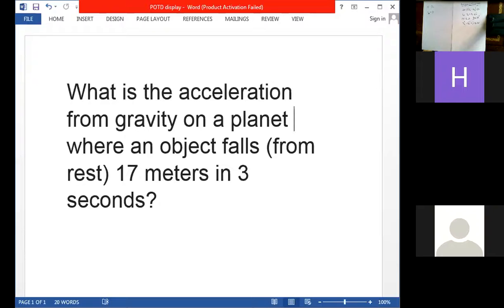And then we do have 17 meters in there. What quantity is the 17 meters? Displacement, right? That's how far it falls. I'm going to give that a delta y because we're talking about vertical displacement. And I usually forget until later, but since we're falling downwards, from a higher point to a lower point, what should I do to that displacement to indicate that?